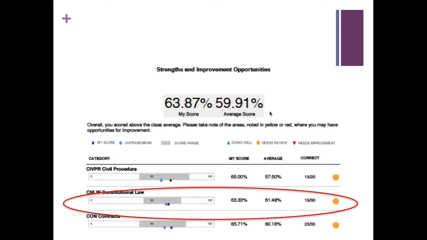So that's broken down even more to due process and equal protection and First Amendment freedom. If we go back a slide, we know that the student was only 63% overall in constitutional law, but we know that the student did really, really well on the 14th Amendment, due process and equal protection, 91%.